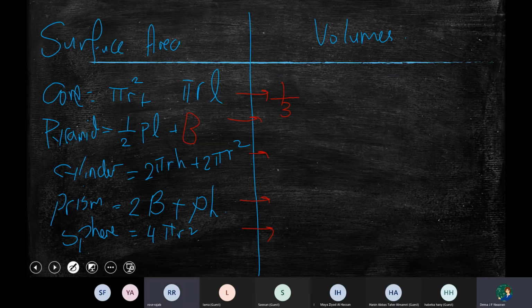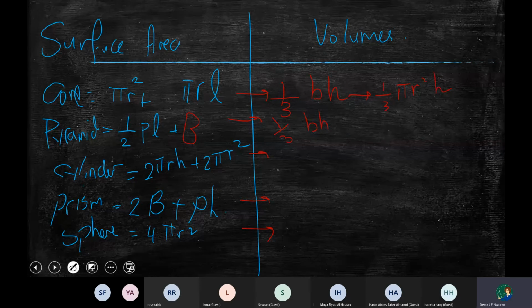So it's 1/3 the area of the base times h. Now what about the pyramid? 1/3 the base times h. But here in the cone, since we have one base that is a circle, I can write it as 1/3 the area of the base times h.